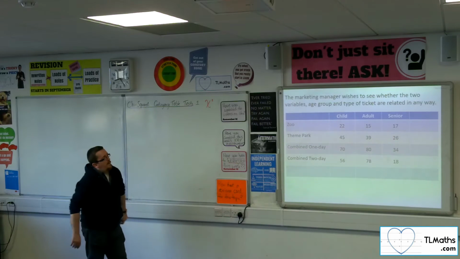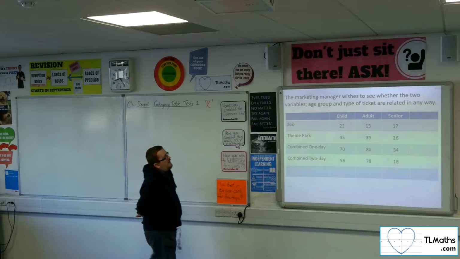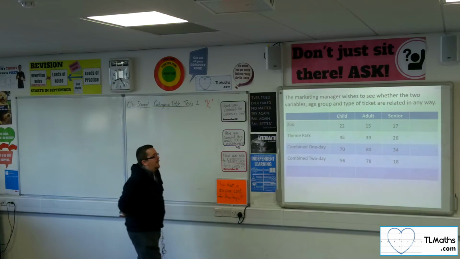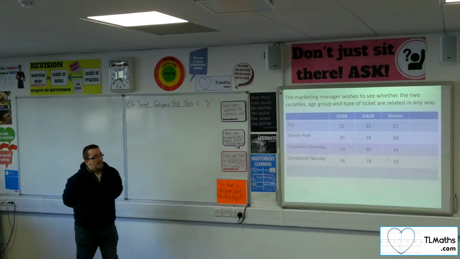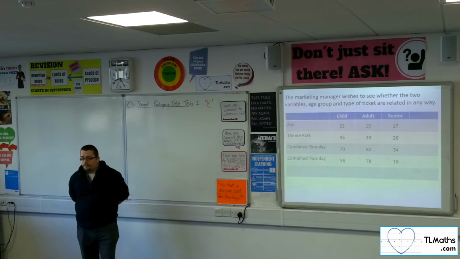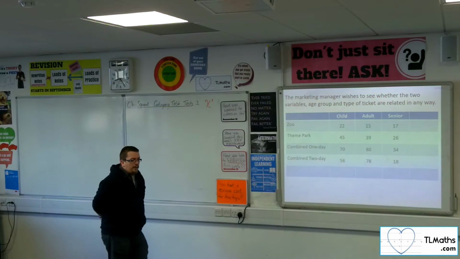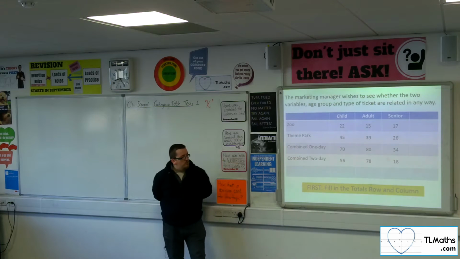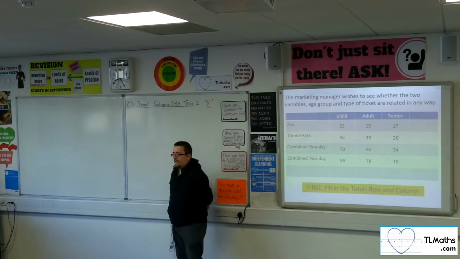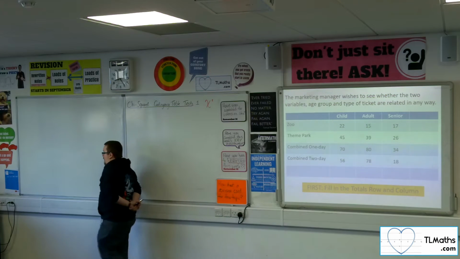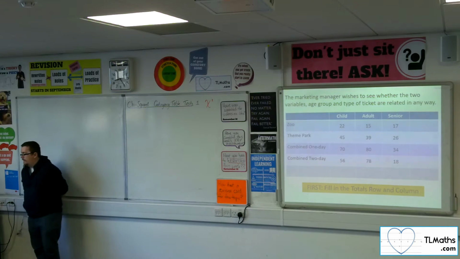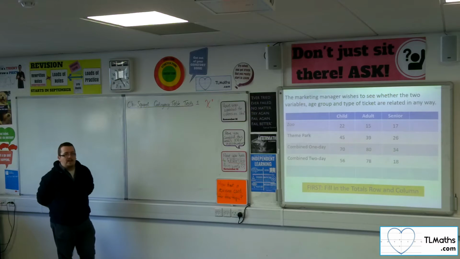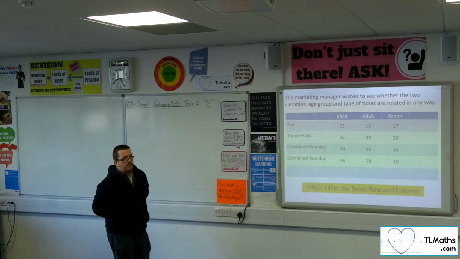And what has happened now is that the manager's gone out and has collected that data, and we've got it in a table. Okay, now the first thing to do is to fill in the totals for the rows and columns. That's the first thing to get right. So could you fill in those gaps in your table to start off with, please?